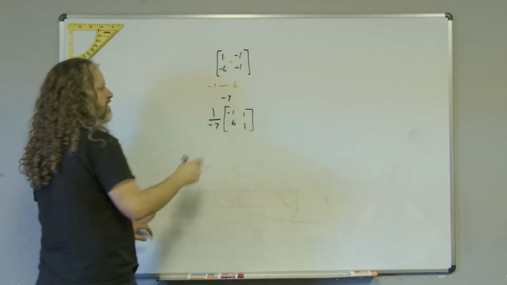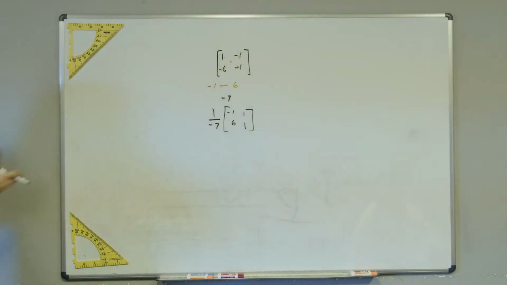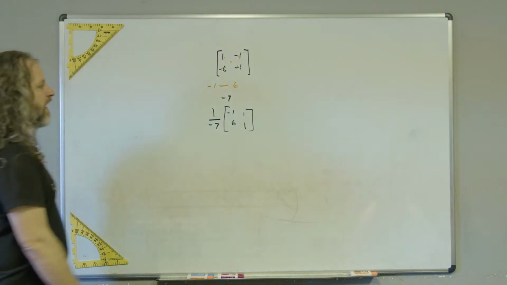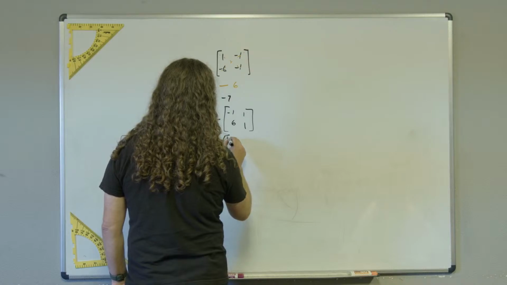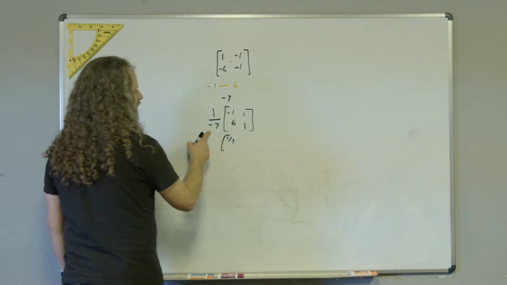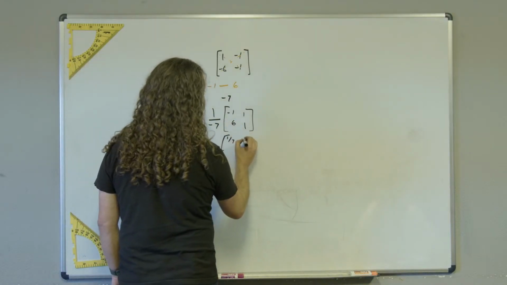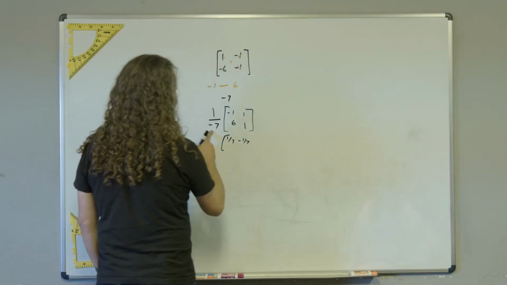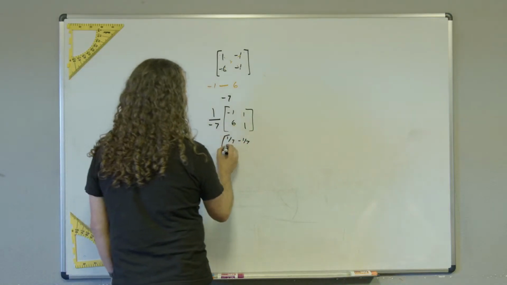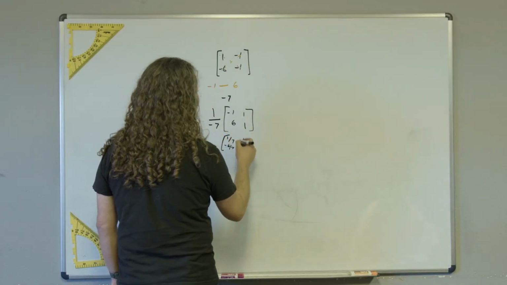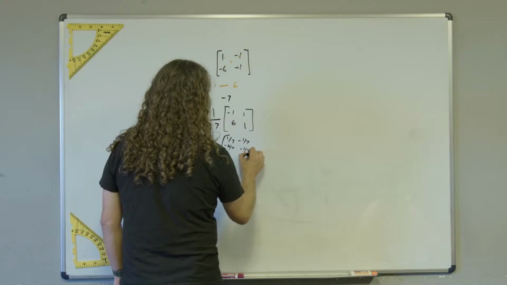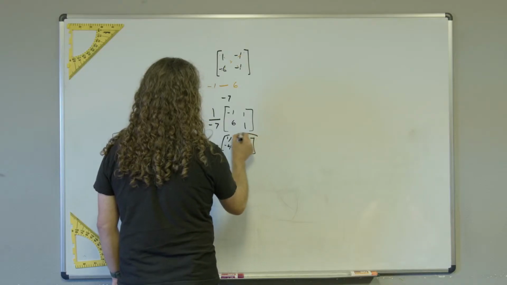Easy peasy, that's how to do it. And then you just do scalar multiplication, which is that times each one of the pieces, right? 1 times -1 times -1/7 is +1/7. -1/7 times 1 is -1/7. -1/7 times 6 is -6/7. -1/7 times 1 is -1/7. Well, that was simple.